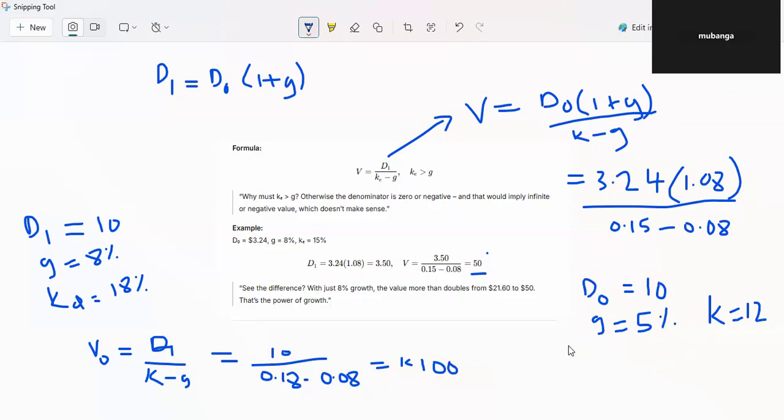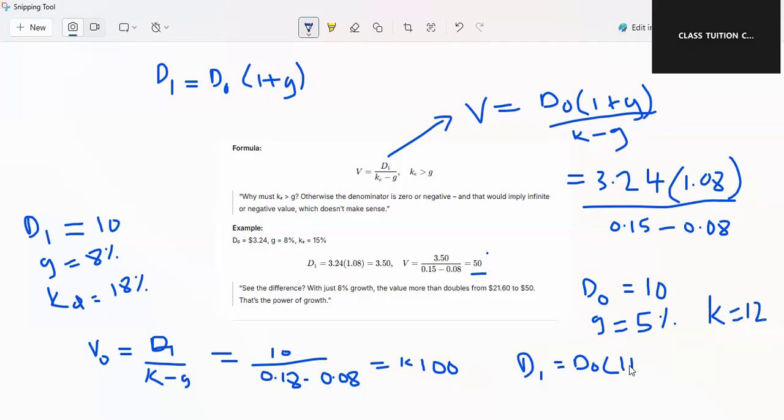Do we first calculate for D1, or do we use the formula that has D1 equals D0, 1 plus G? Yes, so if we calculate our D1, we start with D0, 1 plus growth.